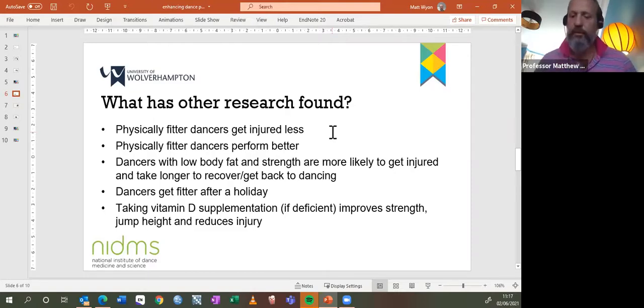So dancers maintain their body fat levels throughout the year, the same amount. Sports people go up and down. So when they're training and they're not in performance period or their performance season, they're slightly heavier and fatter than they are from when they actually perform. So they strip down for performance.